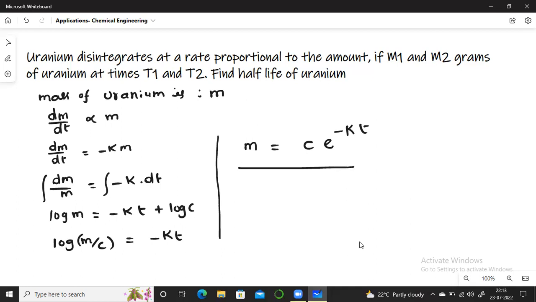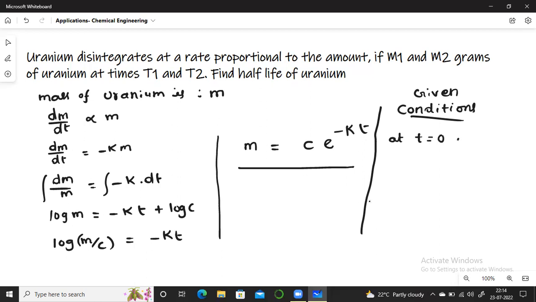Now what are the conditions he has given? Let me write the given conditions here. The amount of mass: at t equal to 0, the mass of the body is, let us say, capital M. At time t1, the mass of the body is m1.